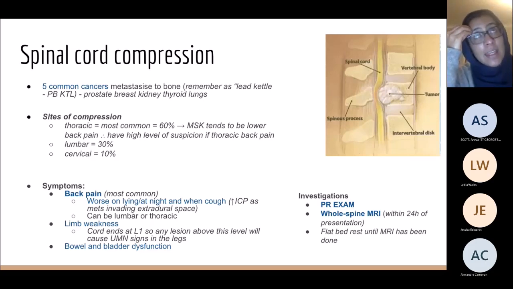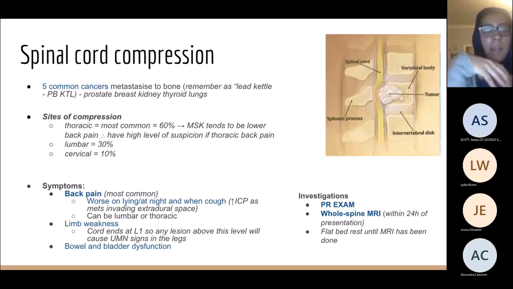And you tend to get in spinal cord compression more upper motor neuron symptoms, so things like limb weakness. You may get increased tone and increased reflexes, actually, but realistically you get a little bit of both upper and lower neurological symptoms. And of course you can get bowel and bladder dysfunction.